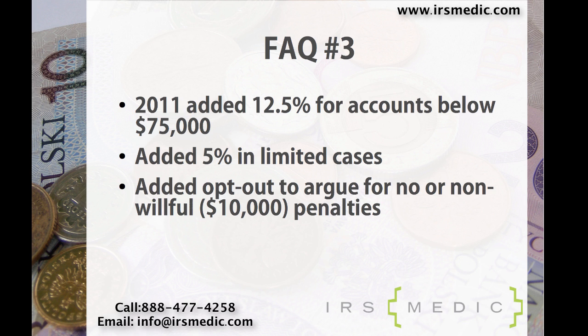Okay, but there are big limitations, and we'll be talking about where those go. But again, the 5% actually might be too high if you opt out, because you could ask for no penalties at all. With the opt-out, you can argue for no penalties, or non-willful penalties, and those are $10,000 per year.